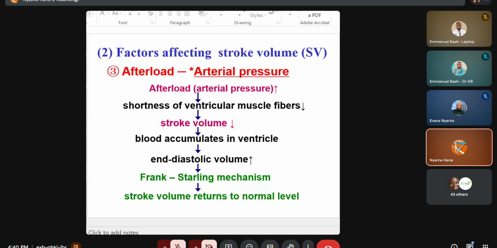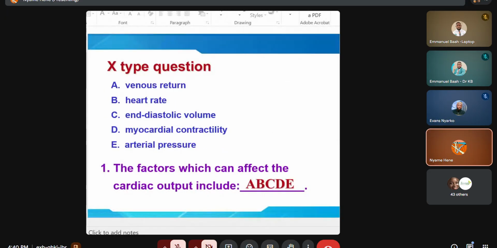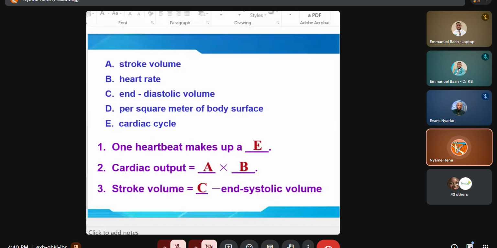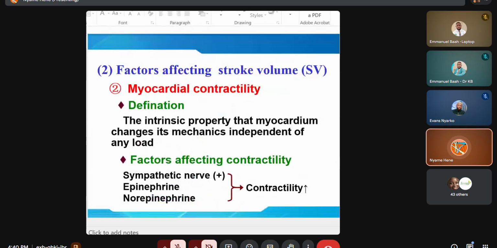Let me see. Afterload. Okay, afterload is giving us a different mechanism. It's talking about the fibers and those ones. Okay, I think it's okay. All you need to know basically is the factors that are affecting it.